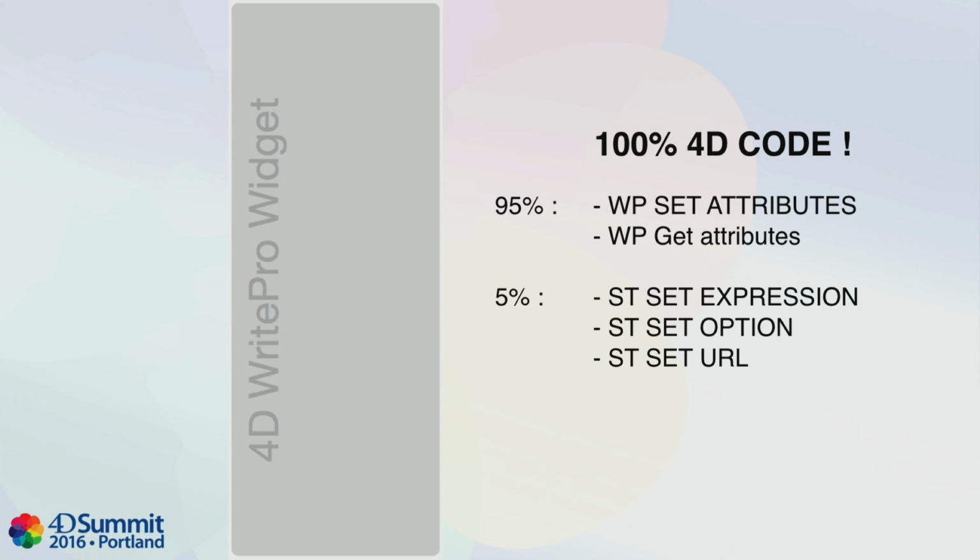So again, this is 100% 4D code. This is the only language I can program. So I was happy to do this. And mainly I've used, let's say, 95% of WP SET ATTRIBUTES and WP Get Attributes.